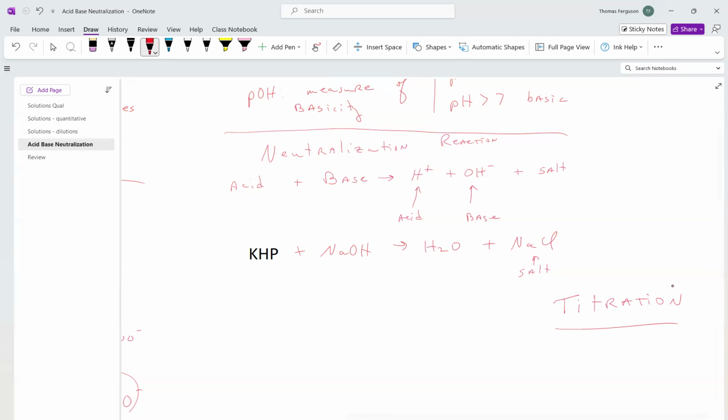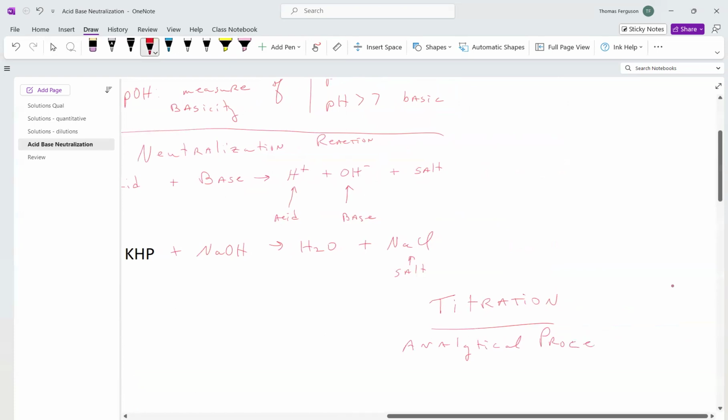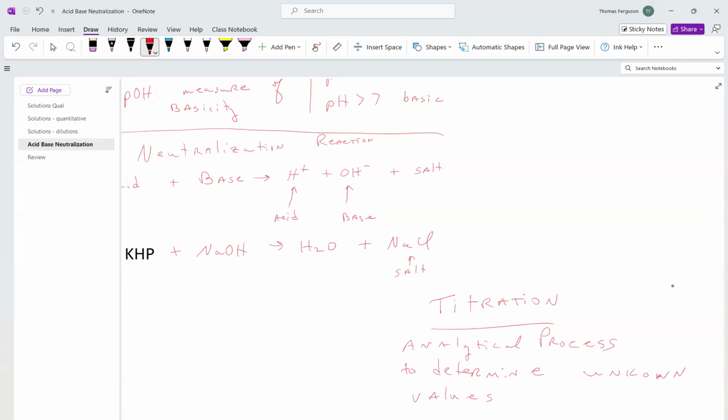And titration is some kind of an analytical process, a very, very popular technique back in the 50s before instrumentation became plentiful.